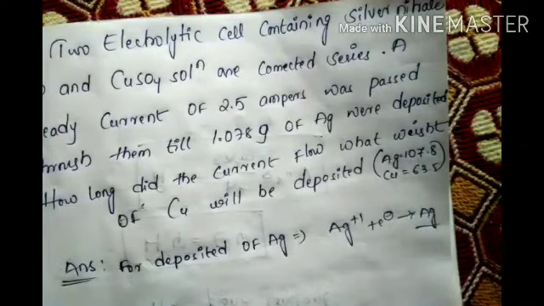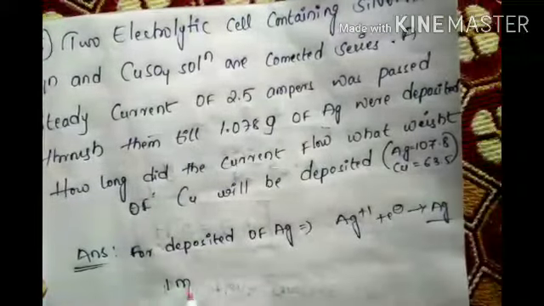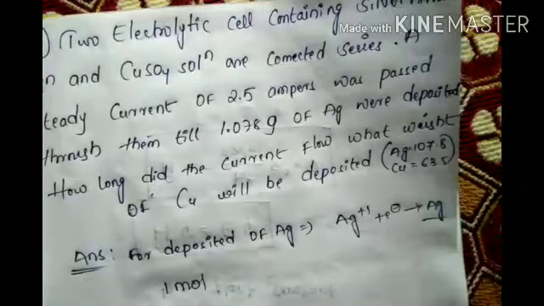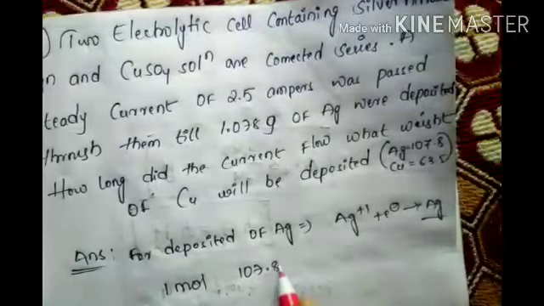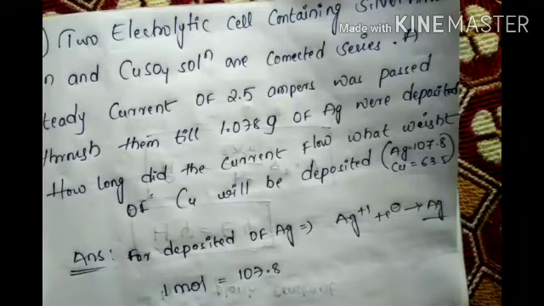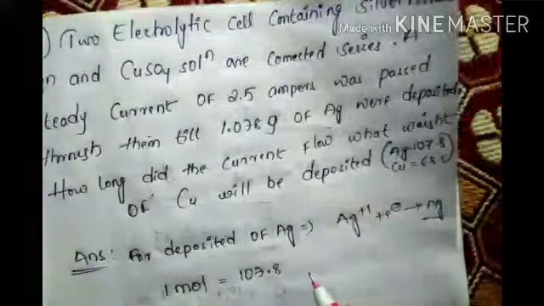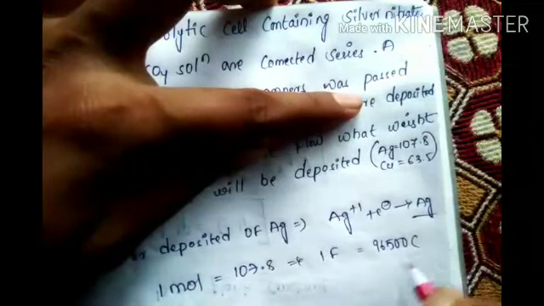It is gaining 1 electron, right? So 1 mole, what does it mean? Molecular weight 107.8 grams of Ag deposited. So 1F means 96500 coulombs.